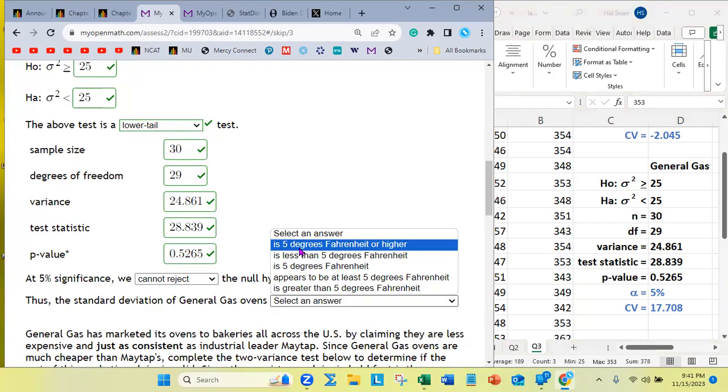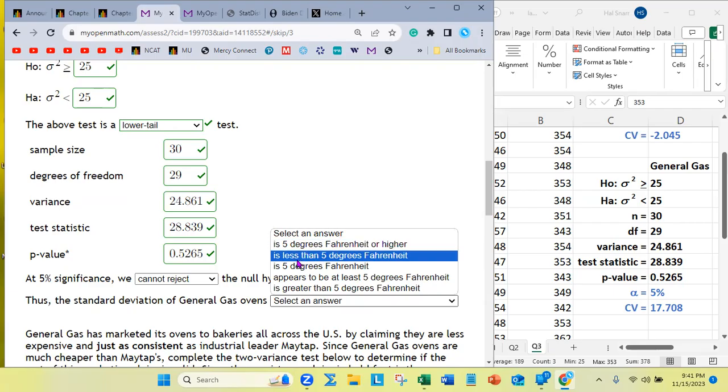We can't say it's too strong. We can't accept the null hypothesis. What we can do is say that we cannot say that the alternative is true. And the alternative being true is less than 5 degrees Fahrenheit.